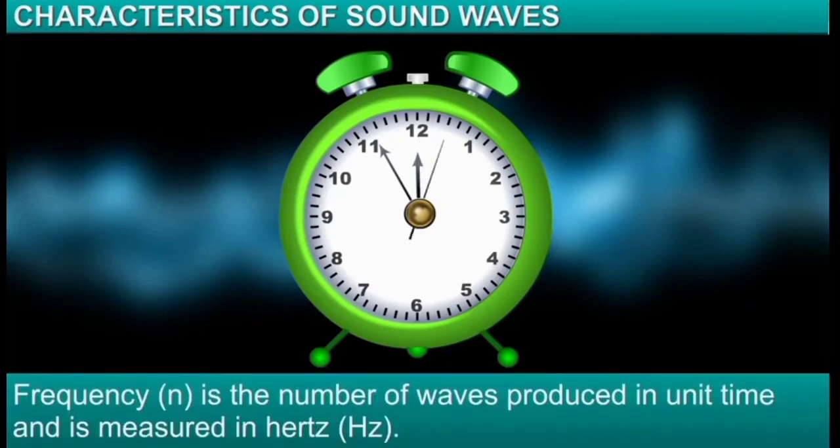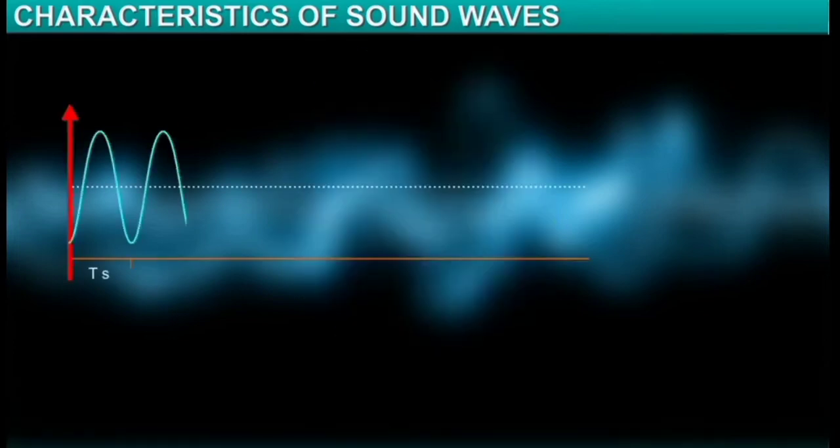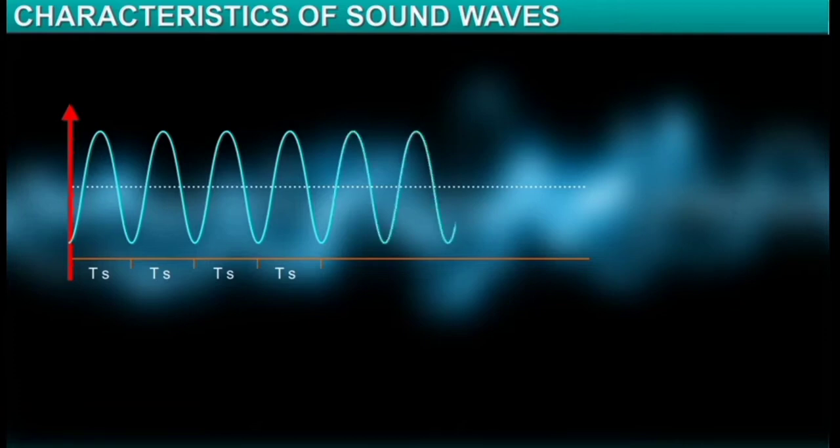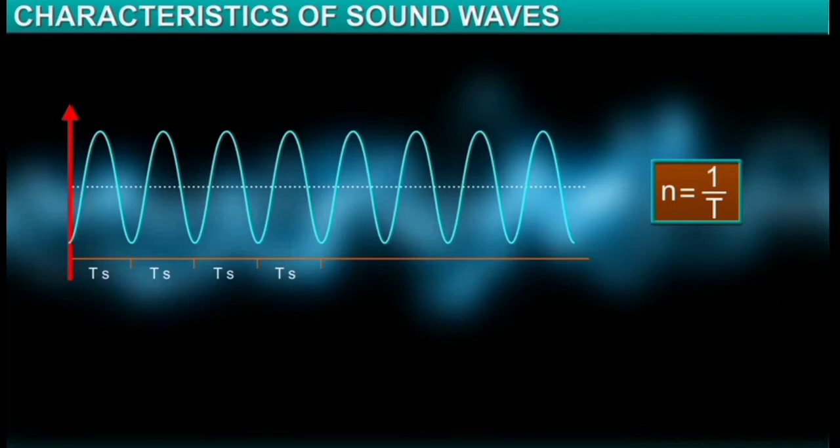Frequency of sound is the number of waves produced in unit time. It is denoted by the letter N and is measured in hertz. The relationship between frequency and time period can be expressed as N is equal to 1 divided by T, where T is the time period.